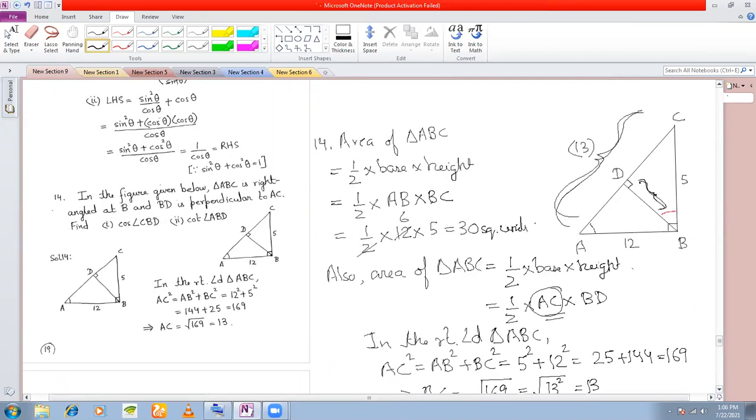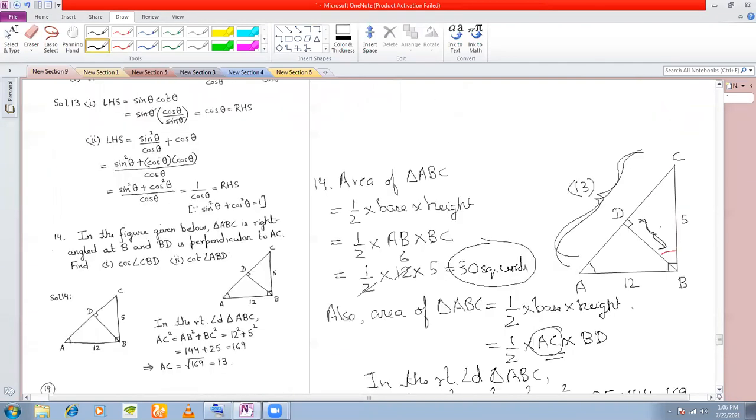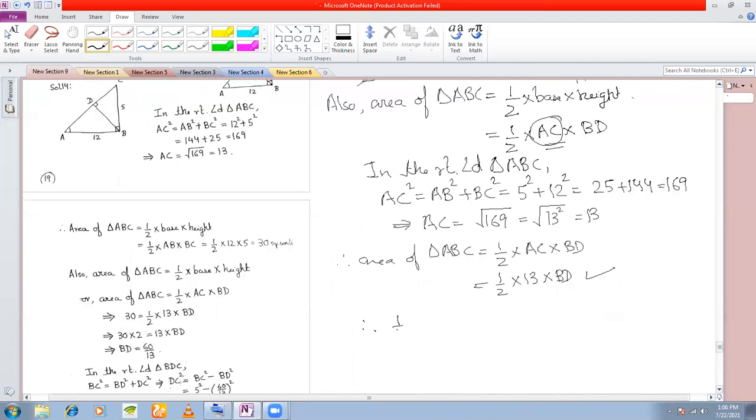How much have we got? 30 square units. And area by this, by taking AC as the base, how much have we got? This. Therefore, they must be equal. Therefore, half into 13 into BD must be equal to 30, isn't it? That means you get 13 into BD is equal to 30 into 2. That means BD, 13 BD is equal to 60.